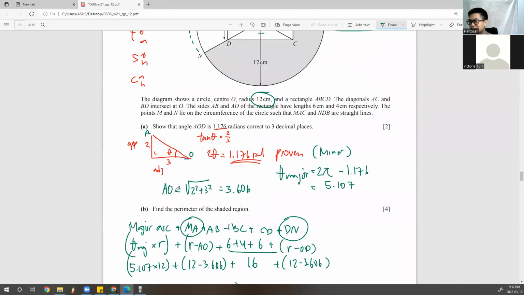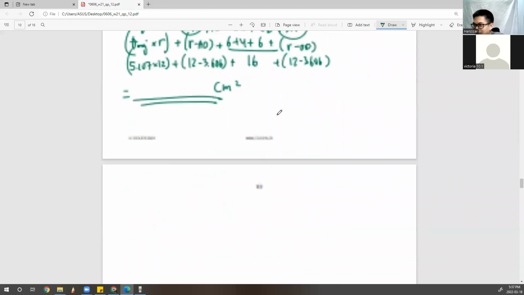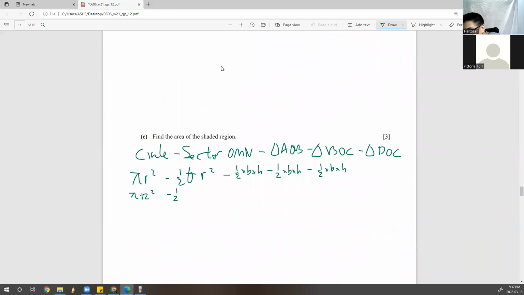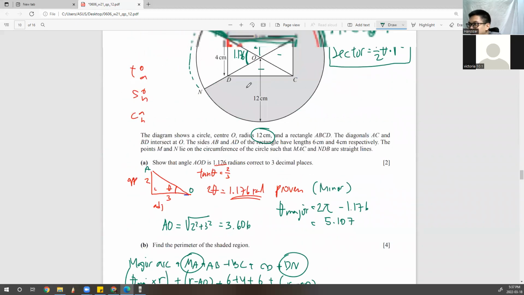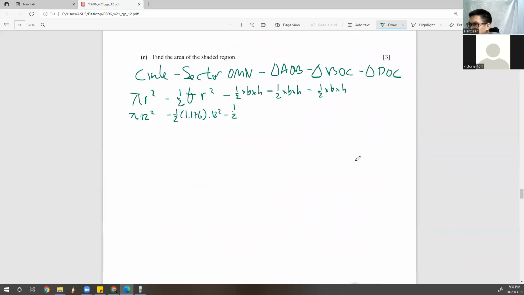We don't use the major because we are subtracting with the minor, 1.176. 1.176 times 12 square minus half times base times height, 6 and 2, 4 and 6 also, 6, 4, 6, right?